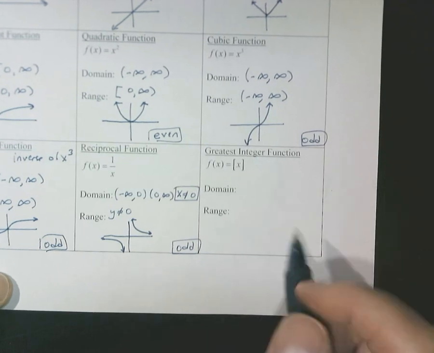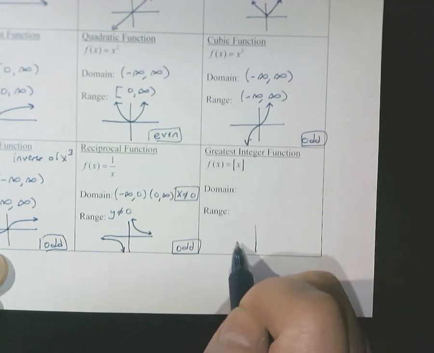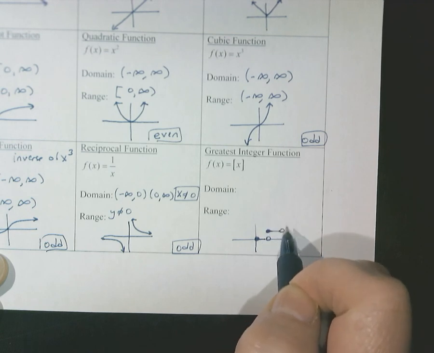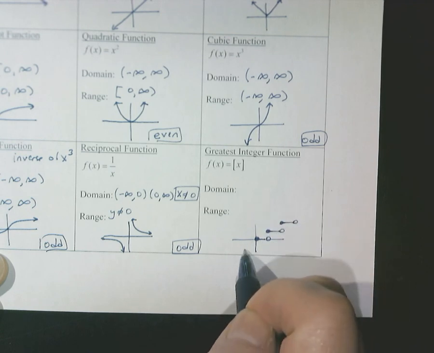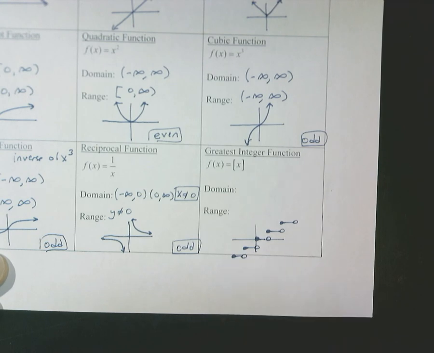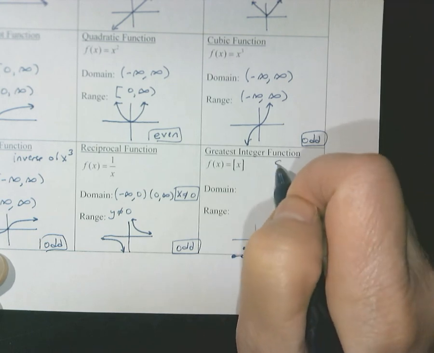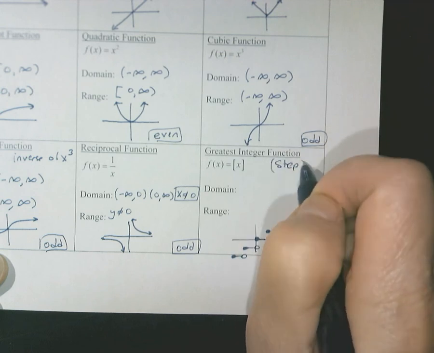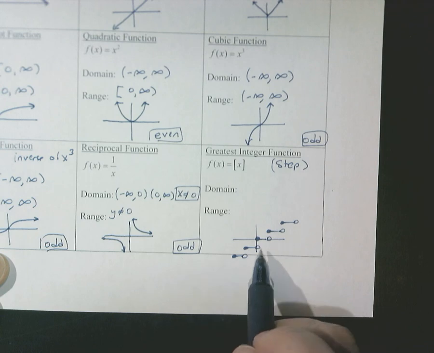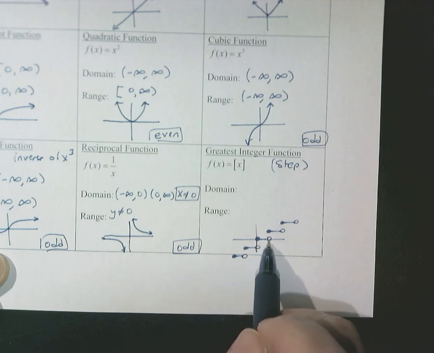So I'm going to just say y cannot equal 0. And the last function that we study is this greatest integer function. If there's time in Algebra 2, it can be studied. There's not always time. It's also called a step function. And you can see this, it looks like stairs. So the domain on this, where this open circle is, straight above is a closed circle.